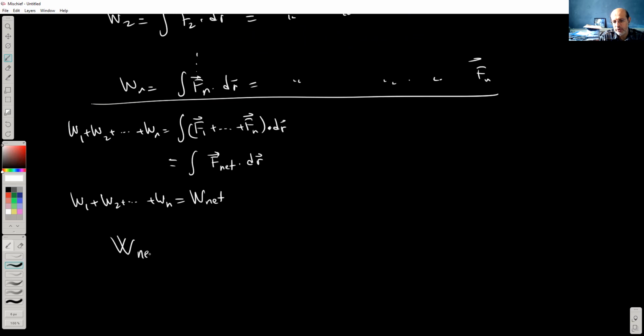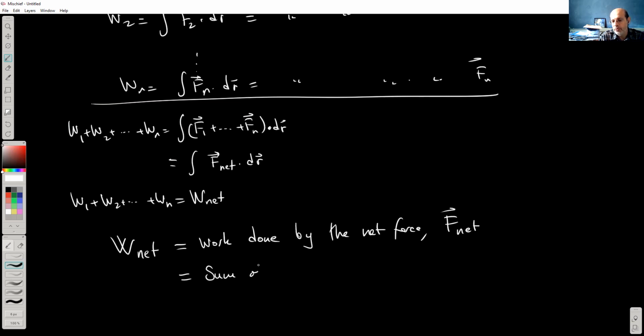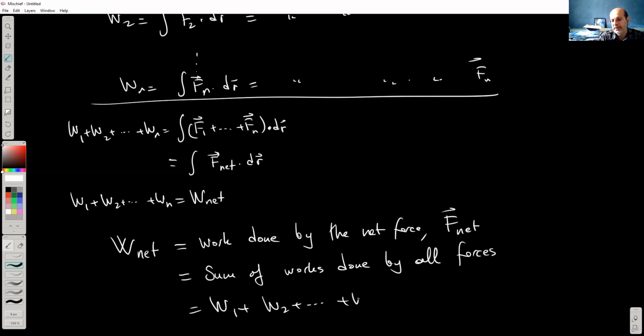So let me write this down like that. That's the expression that I'm going to use. When I say W net, I actually mean one of two different things, but basically they are the same. That's the work done by the net force F net, or it is the sum of works done by all forces, which is the work done by the first force and the work done by the second force and so on.